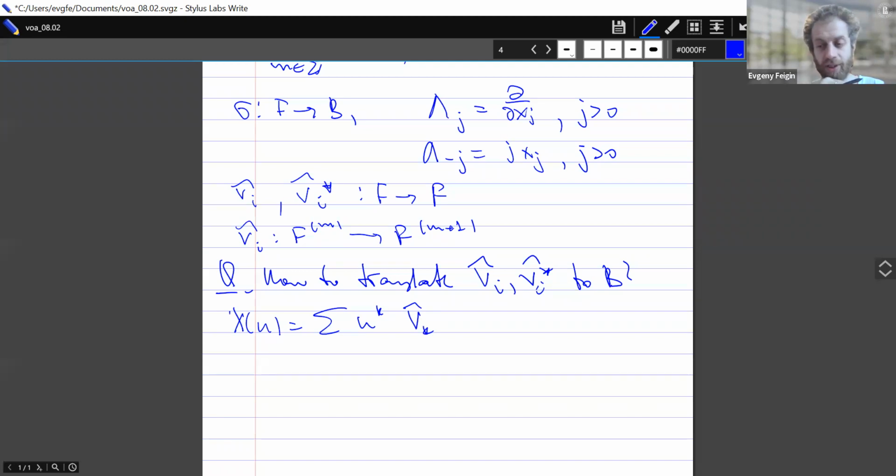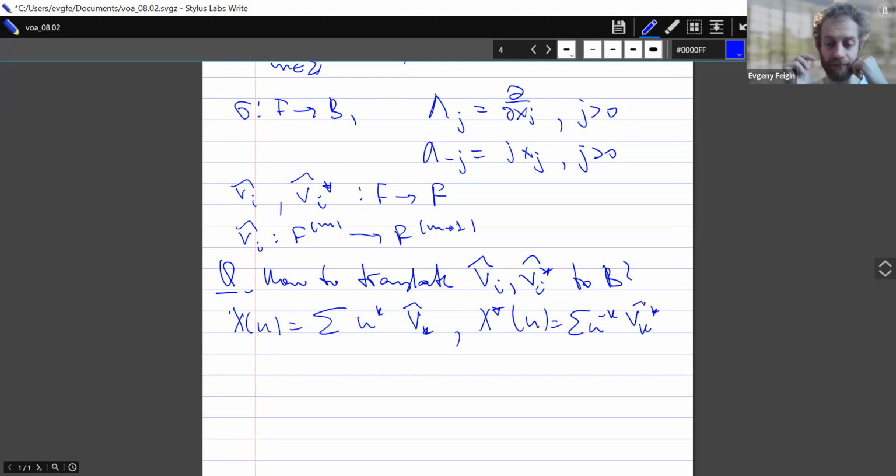So u can be seen as a formal variable, and this is just a formal series with coefficients being operators on F. And similarly with psi star of u.